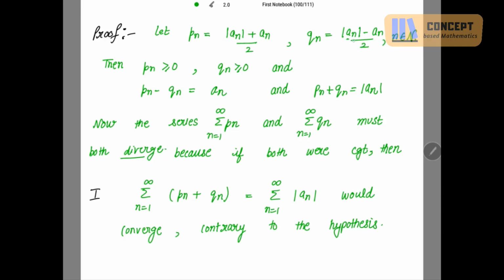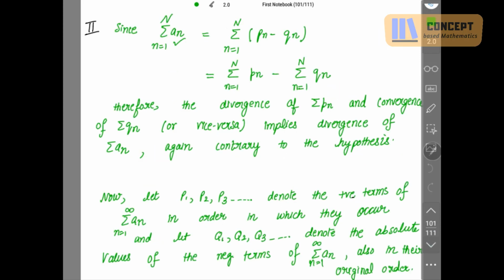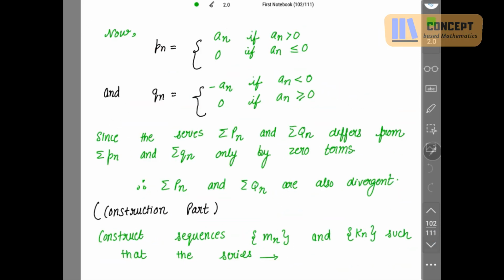If An is strictly less than 0, then mod An changes to minus An, and we get Qn equal to minus An, right? Hence, Pn equals An if An is positive, 0 if An is less than or equal to 0. Qn is minus An if An is less than 0, and it is 0 if An is greater than or equal to 0.